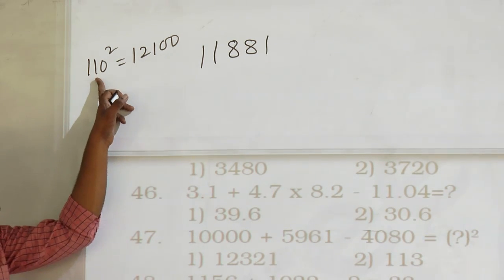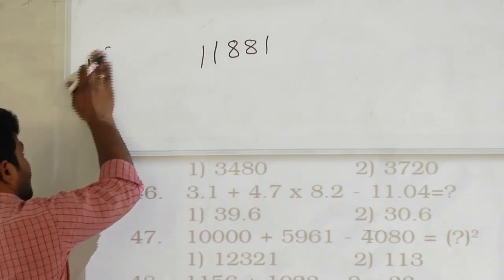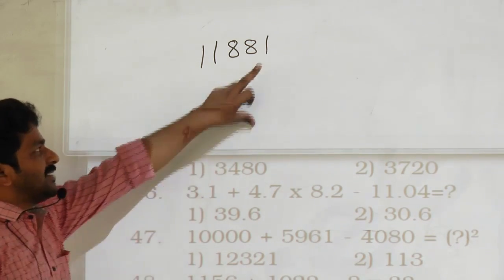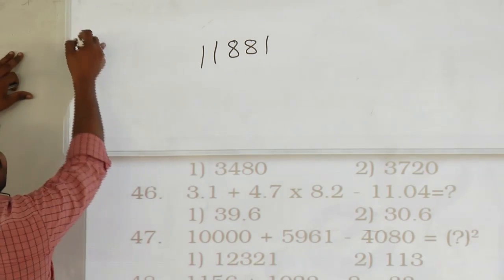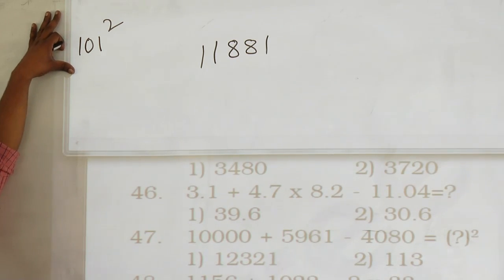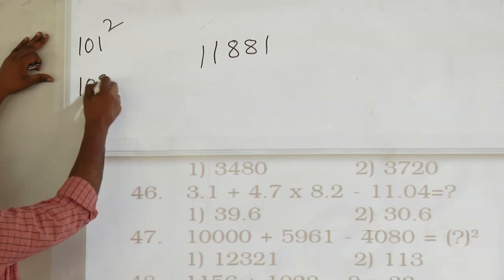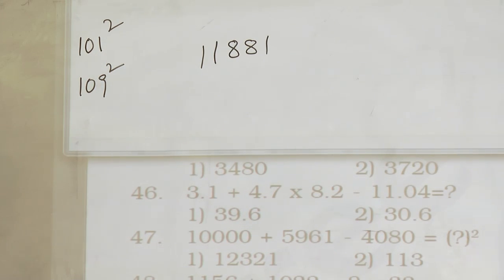So answer should be more than 100 but less than 110. And one more. If a number is ending with 1, you have only two choices. Either your number should end with 1, that is 101 square, or that number should end with 9, 109 square. 101 square and 109 square only ends with 1.